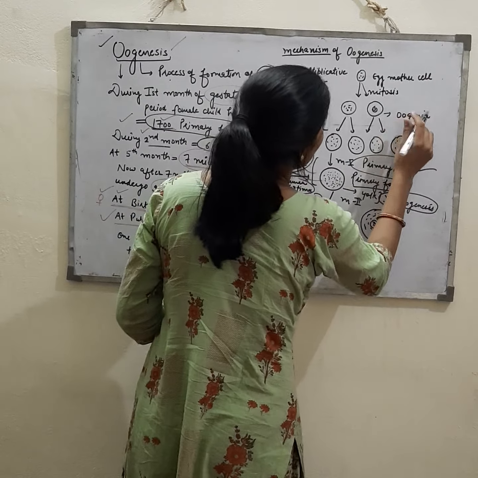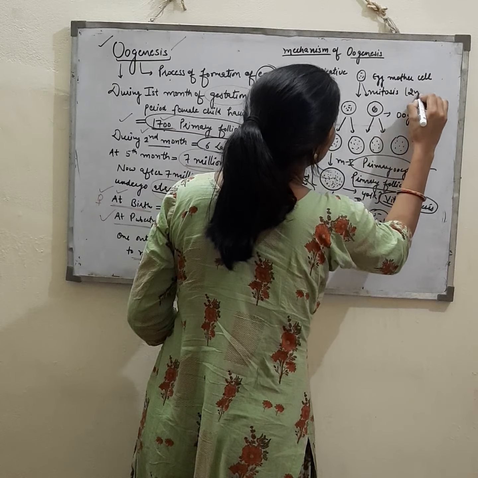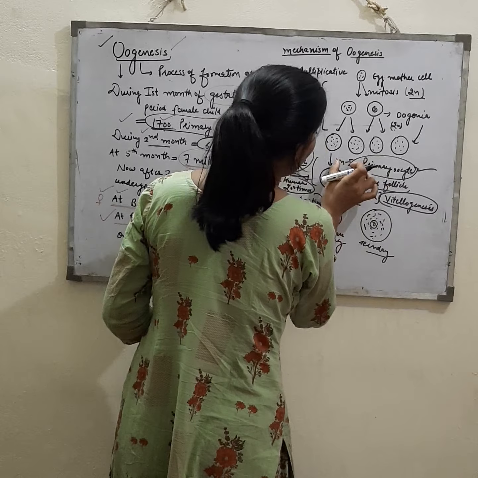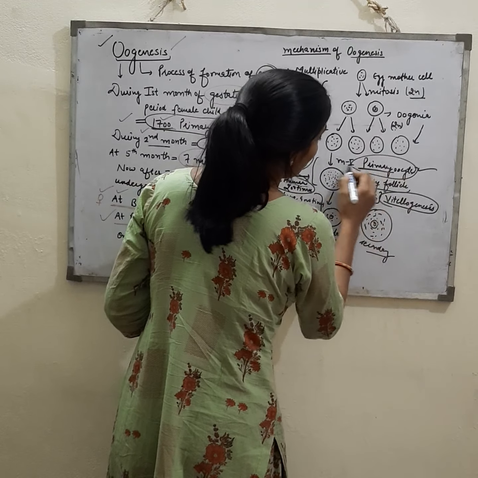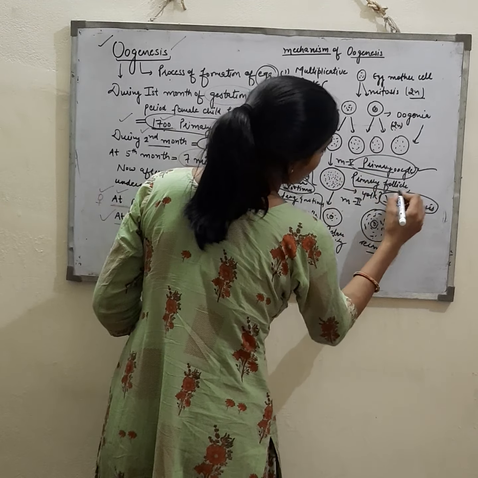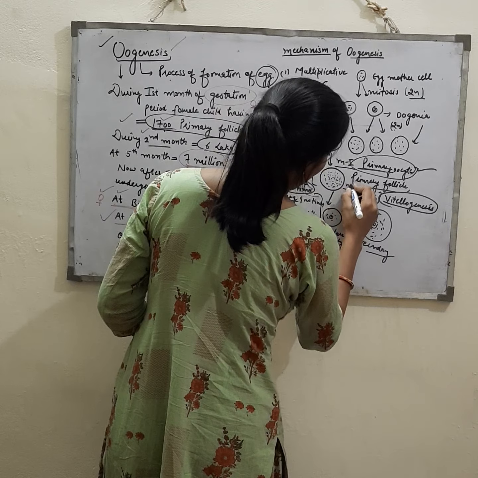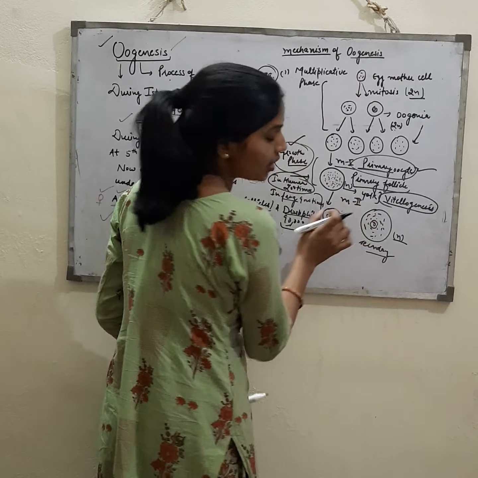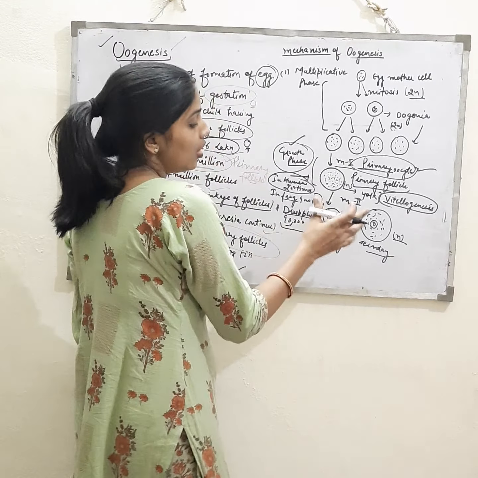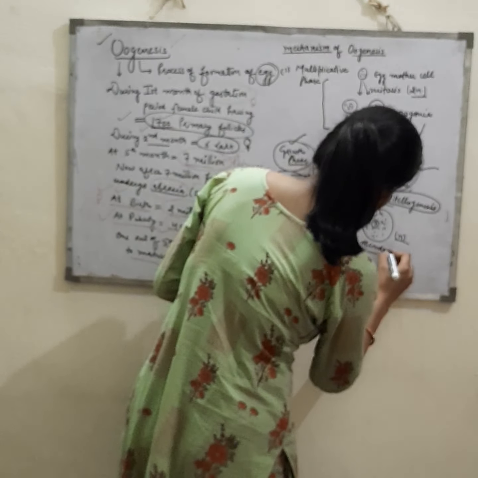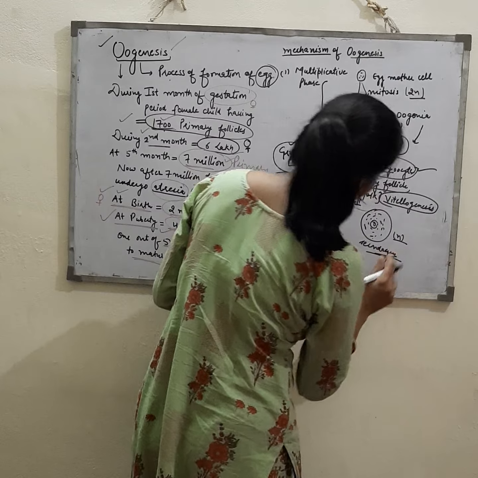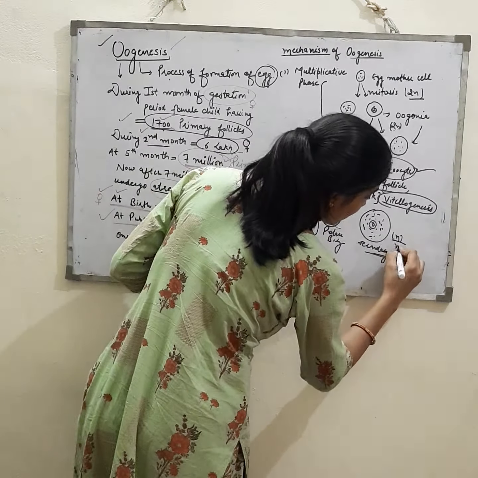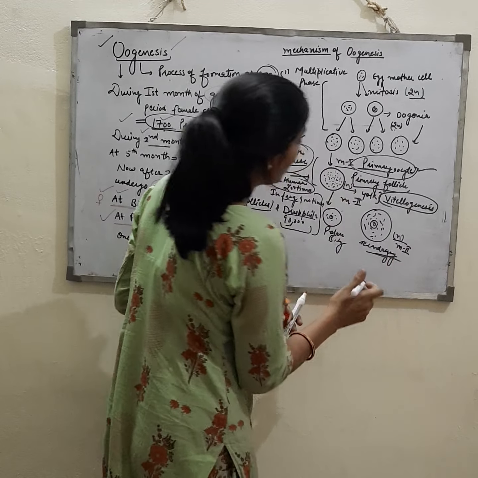Here this one is 2n in number. These oogonia are also 2n in number. After the first meiosis, this primary oocyte becomes haploid. The secondary oocyte is again haploid because meiosis 2 is the equational division. And this polar body, here this one is arrested in meiosis 2.